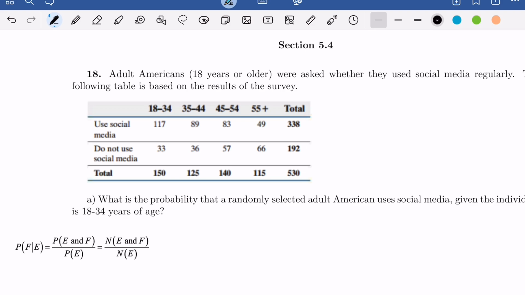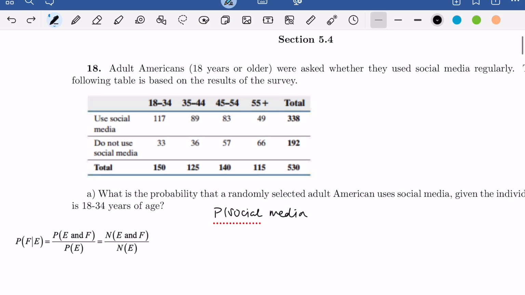So using this rule here, we want to find the probability that a randomly selected adult American uses social media. So that's going to be our event F, social media, given our event E in this case. So we're going to have this line here is this age group. So we're going to use this formula here.